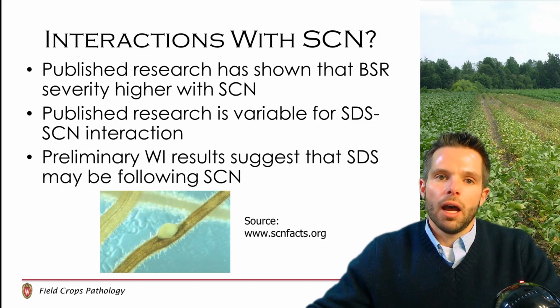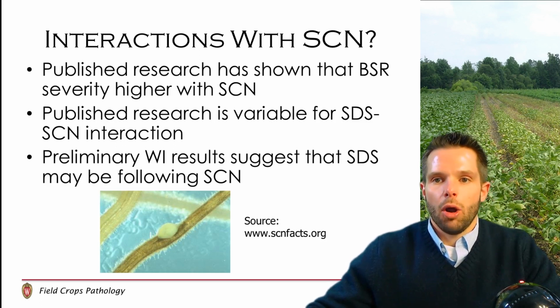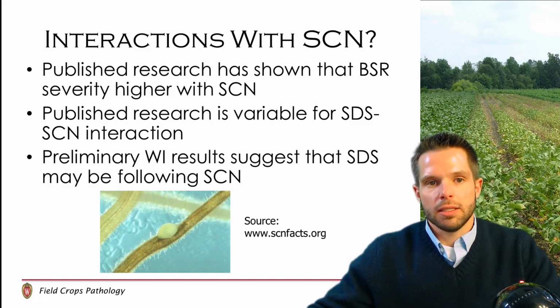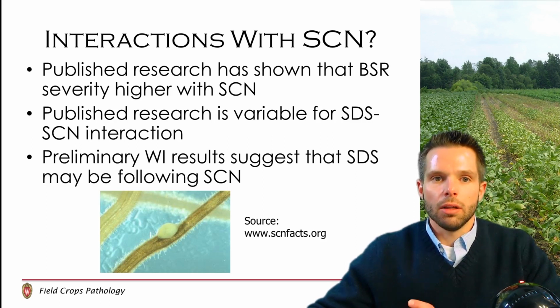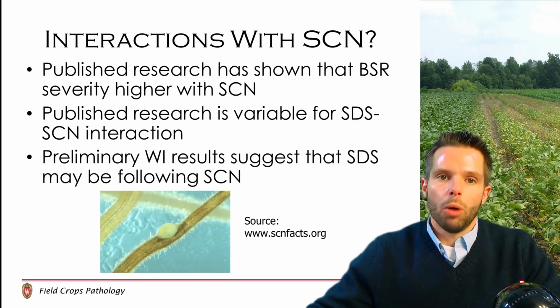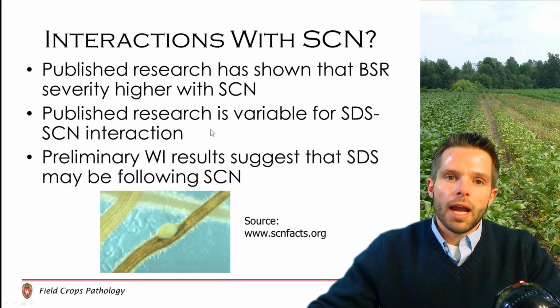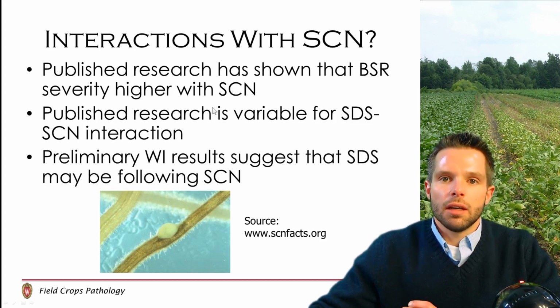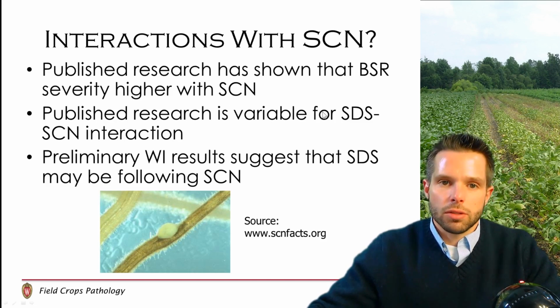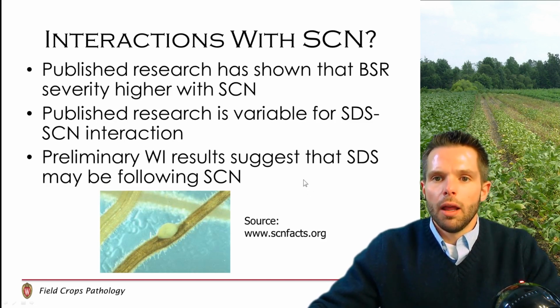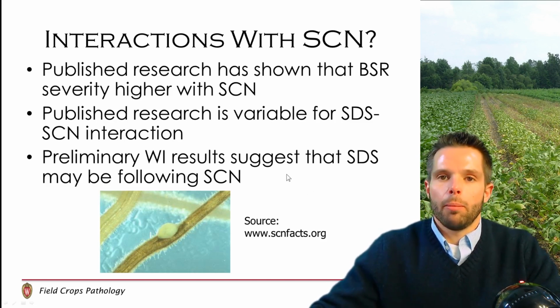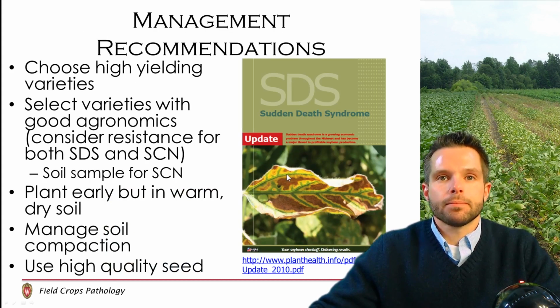We do know that when you have SCN, that doesn't always indicate that you're going to have SDS. So you need to still look for both and do some homework there. But choosing varieties with good SCN resistance can also help you maybe manage brown stem rot and also sudden death syndrome in fields where you might have both pathogens present.